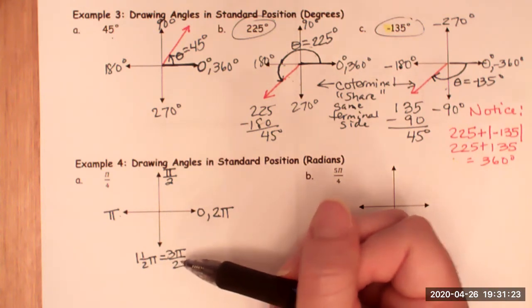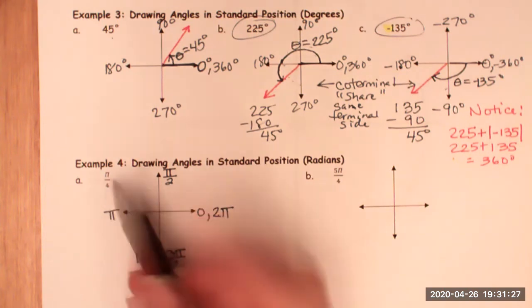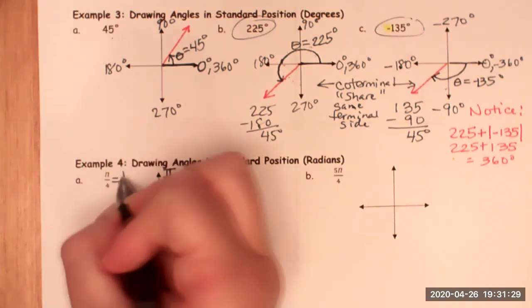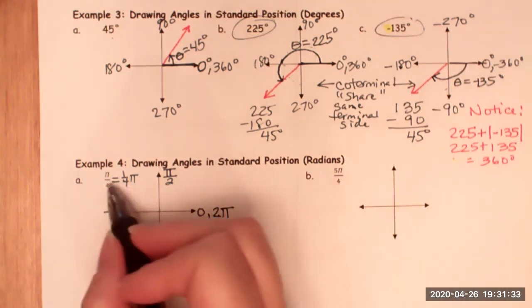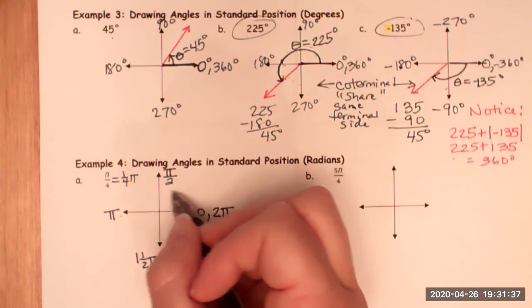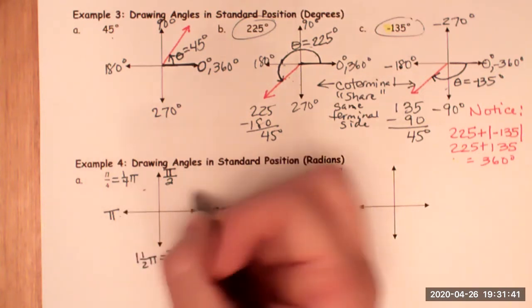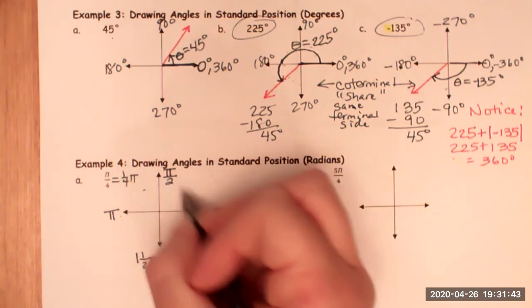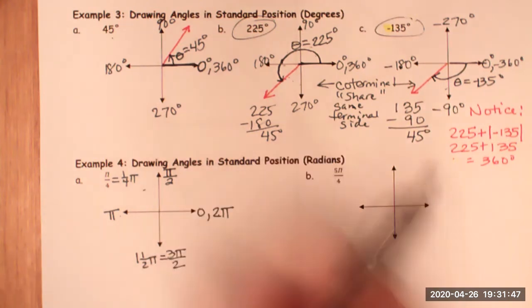Okay? So if I want to draw pi over 4, understand that that's the same as saying 1/4 of pi. So what I'm doing is I'm traveling in a positive direction 1/4 of the way across to pi, which means halfway to 1/2 of pi, right? 1/2 of 1/2 is 1/4.